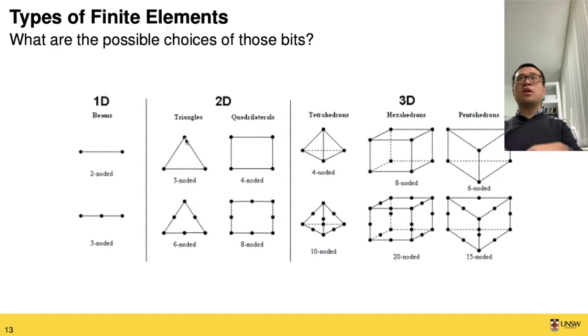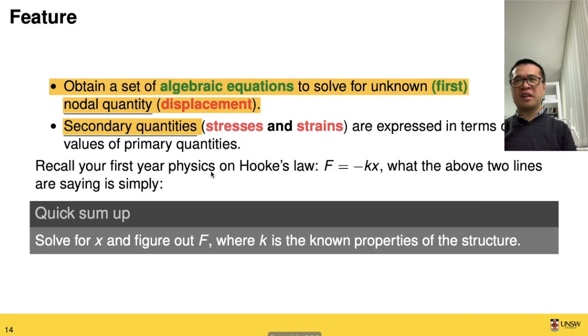To solve for the forces on these 2 points, you need to know their displacement first. So that's why the force or the stress is called a secondary quantity, because you need to work it out based on something else. As I said, most of the cases we'll be dealing with in this course are linear problems.